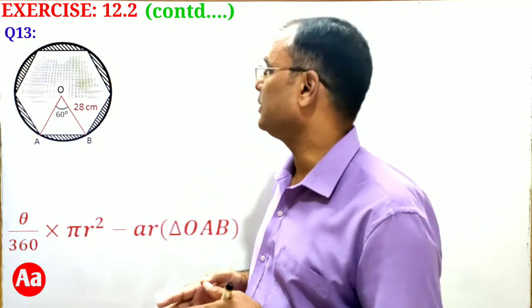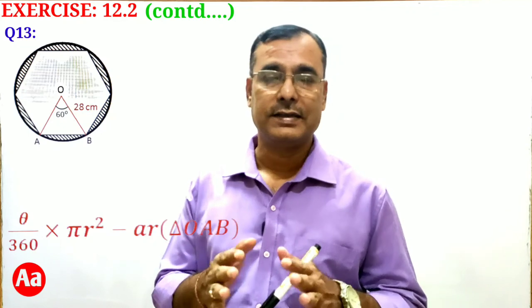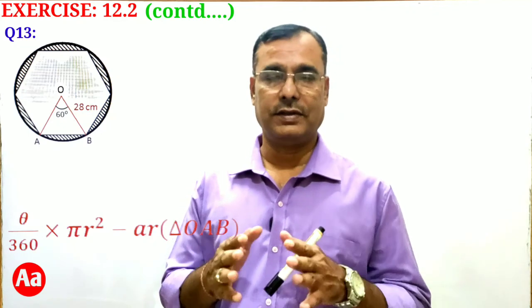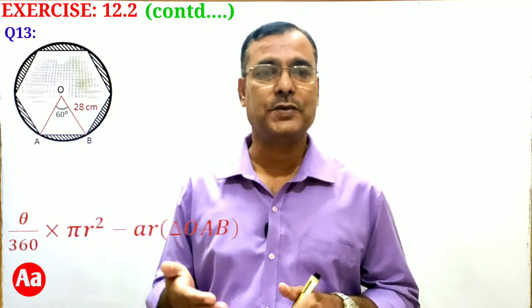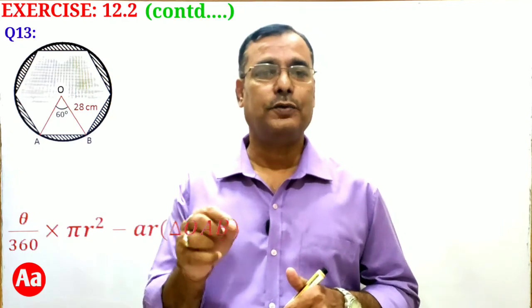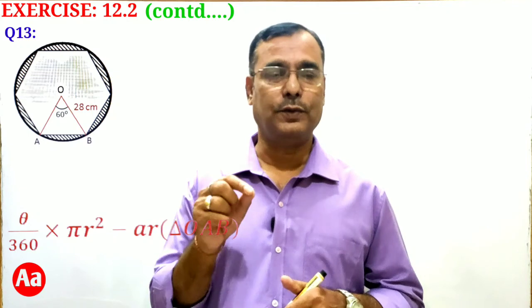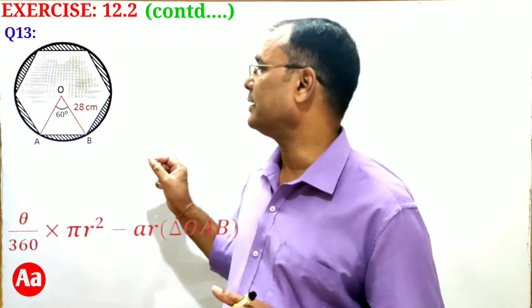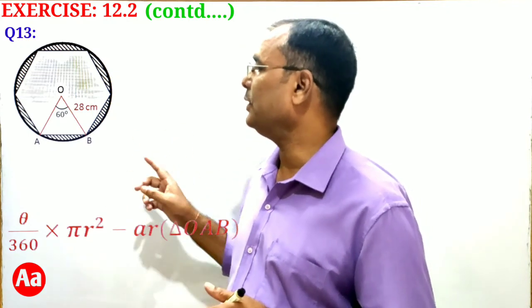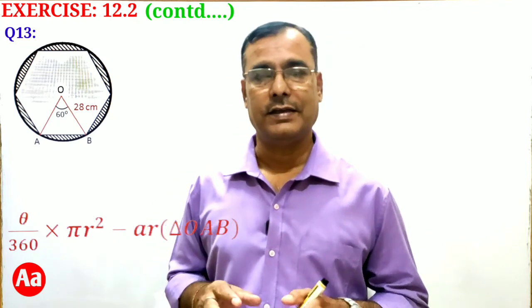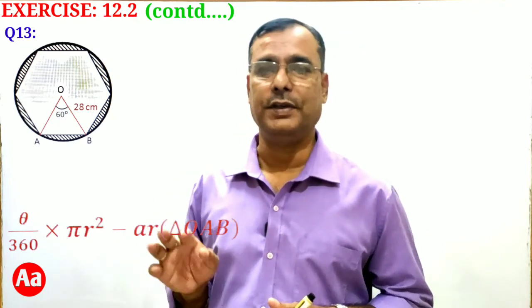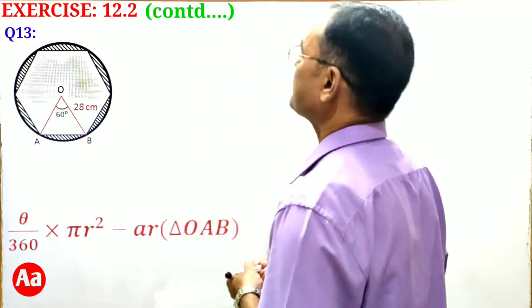So first we are going to find the area of 6 designs. The area of 6 designs will be 6 times the area of one design, and the area of one design will be the area of sector OAPB minus the area of equilateral triangle OAB.